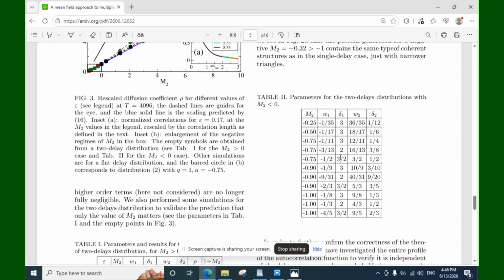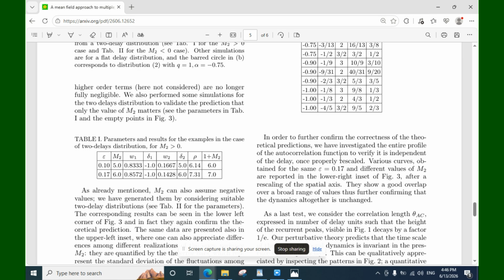We list omega 1, delta 1, omega 2 and delta 2. In order to further confirm the correctness of the theoretical predictions, we have investigated the entire profile of the autocorrelation function to verify it is independent of the delay.